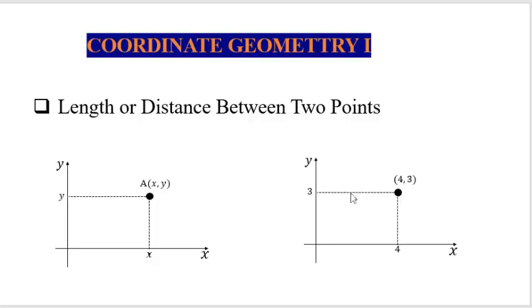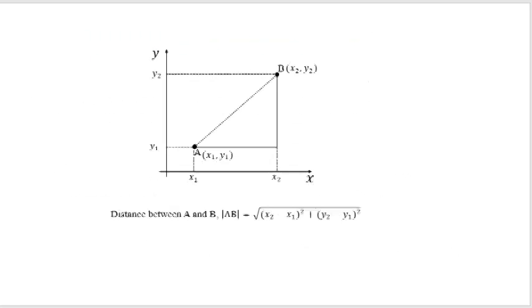Good. Now let's quickly move to how we can find the length or the distance between 2 points. Once again we are going to consider the xy plane. So the x-axis is the horizontal line here, and then the y-axis is the vertical line over here. Now we are going to look at the distance between 2 points.